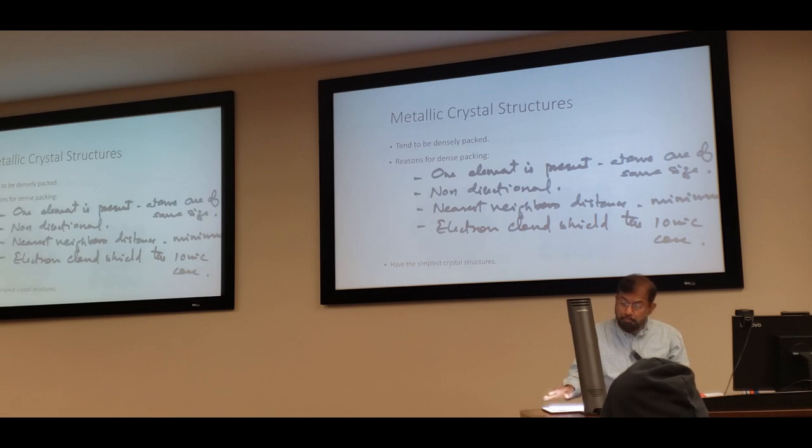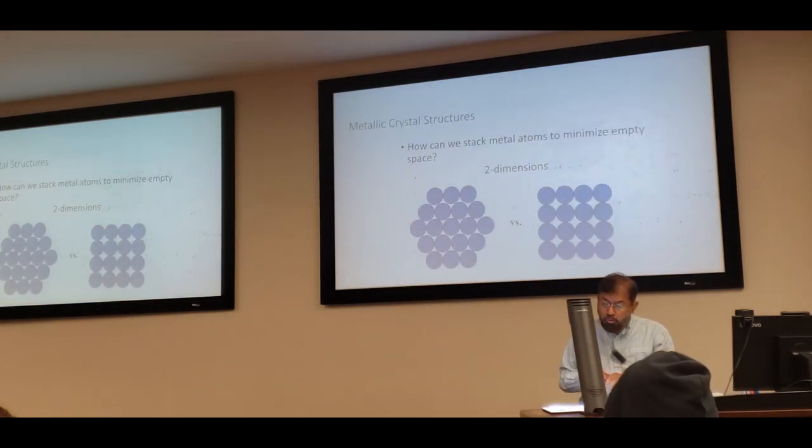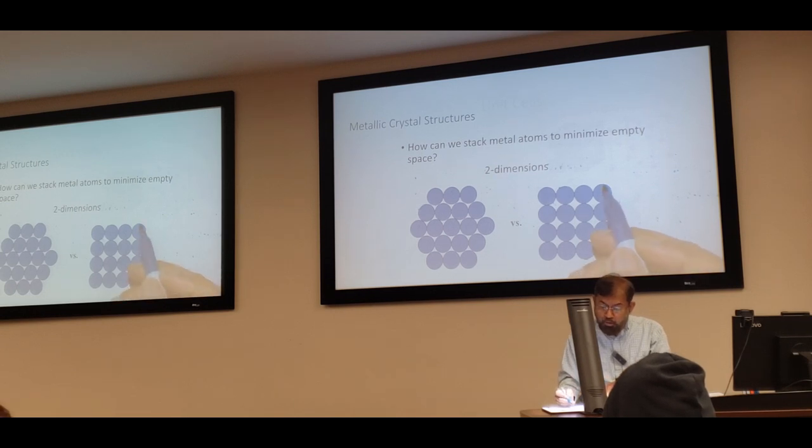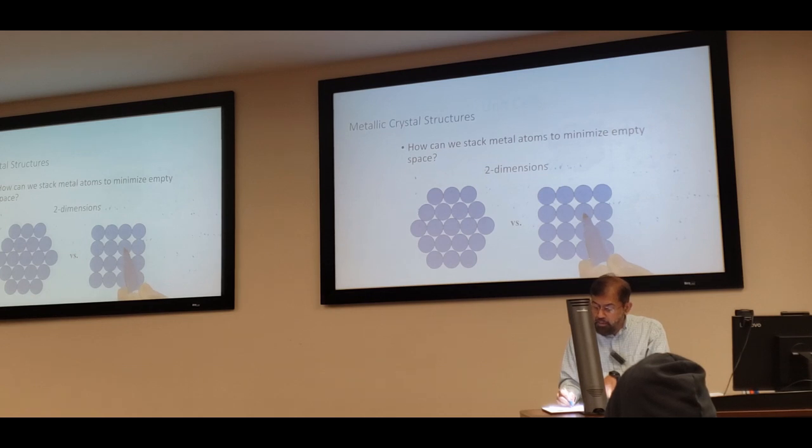Okay, so there are two types of close packing to minimize the empty space. One, this is one thing. You can see that each of these atoms is surrounded by 6 other atoms. Versus here in this case, each of these atoms is surrounded by 1, 2, 3, 4.